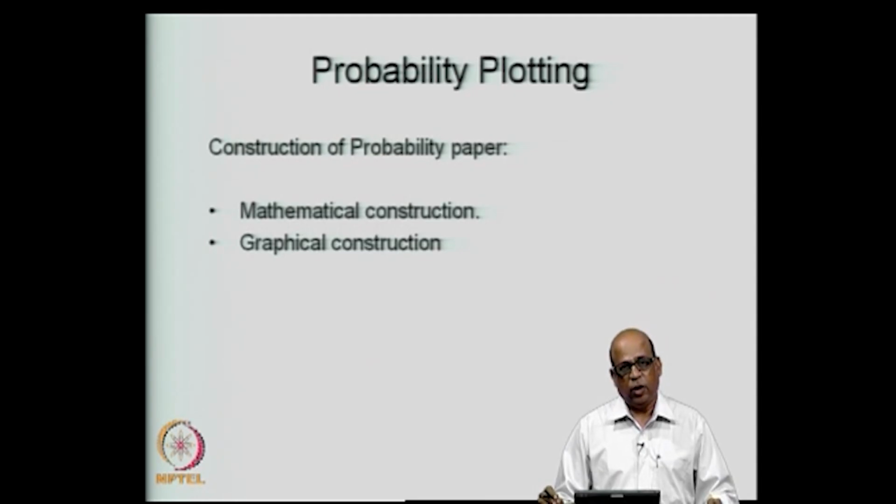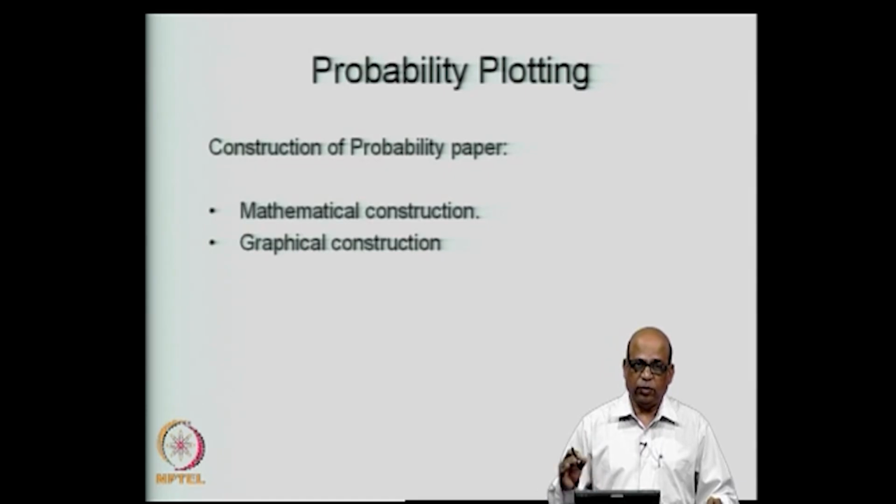As I mentioned, you can have analytical or mathematical construction, or you may use graphical construction. The mathematical construction is simple for a distribution such as the exponential distribution, where you can express x in terms of F of x, that is, they are invertible.